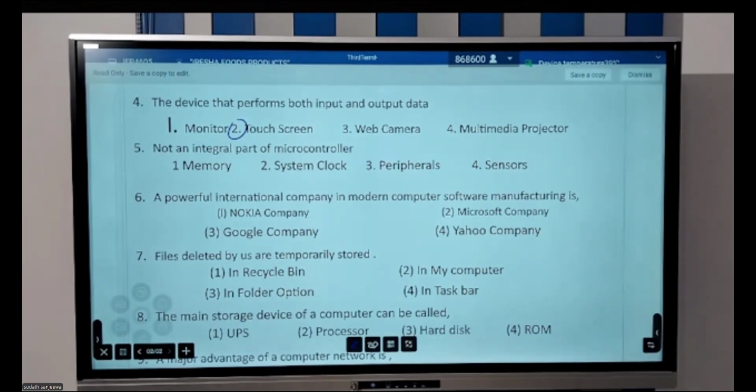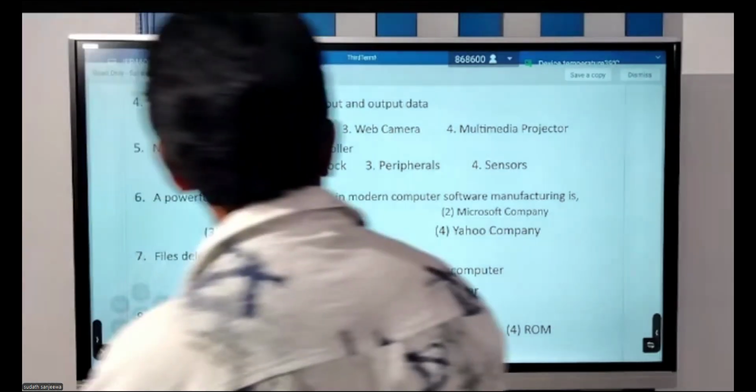Not an integral part of microcontroller. Right, remember? Not sensors.